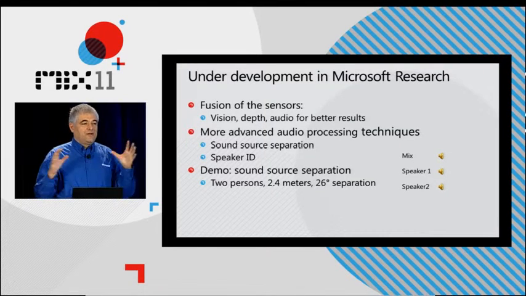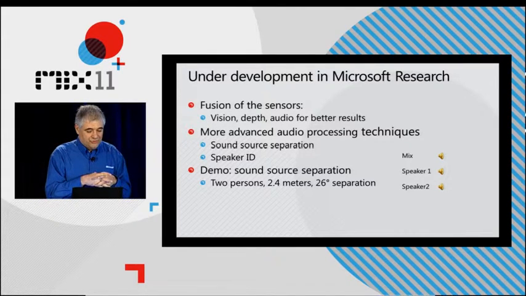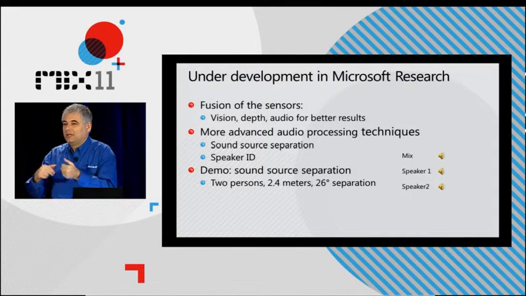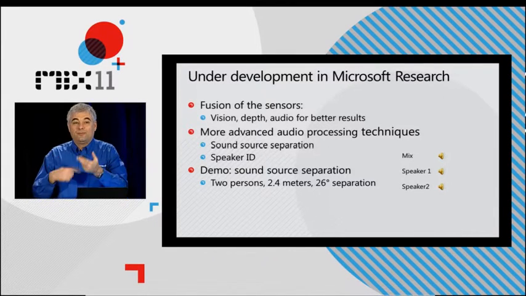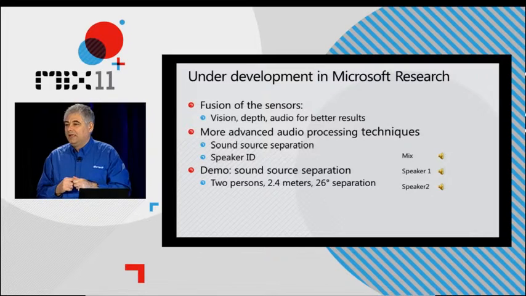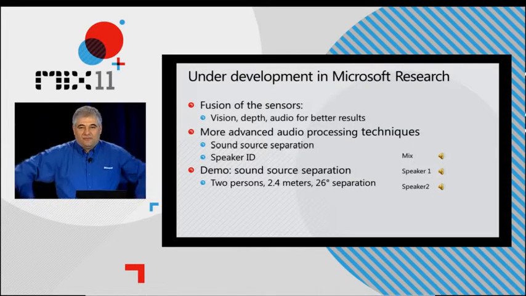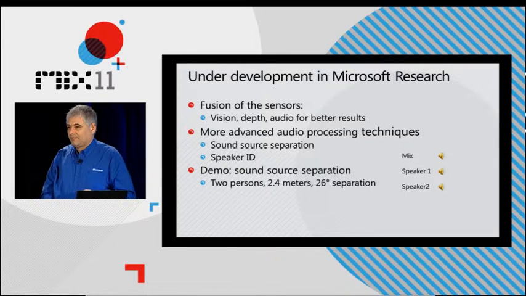Of course, one of the major things is fusing the various sensors. Can you combine vision, depth, and audio to get better results, to know more about the person standing in front of the device, so as to guess properly what we can expect? If you can get the gender and age from the voice and the shape of the skeleton, and this person asks for movies, most probably you should bump the priority of action movies.